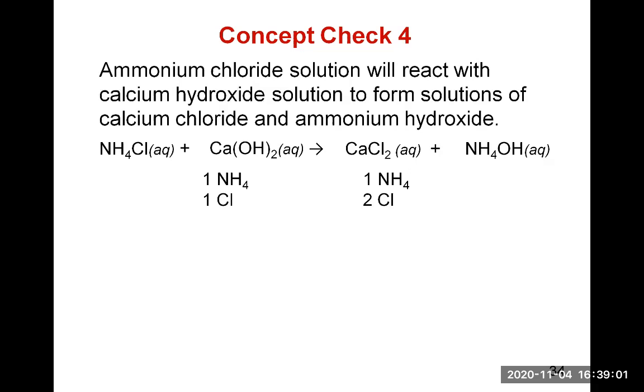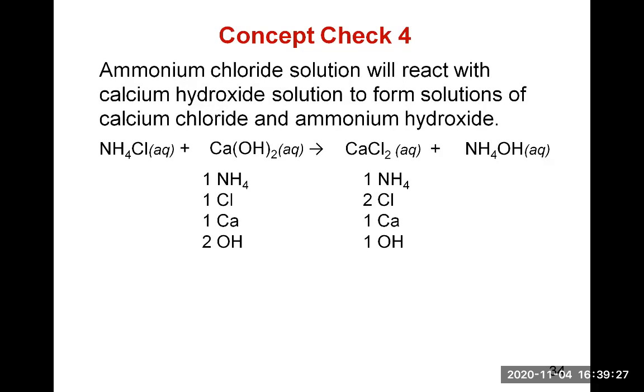Chlorine, 1 Cl on the left, 2 chlorine on the right. Calcium, 1 calcium on the left, 1 calcium on the right. And then OH is the hydroxide polyatomic ion. You want to recognize it here. And so you count 2 hydroxide ions on the left and 1 hydroxide ion on the right in the ammonium hydroxide.